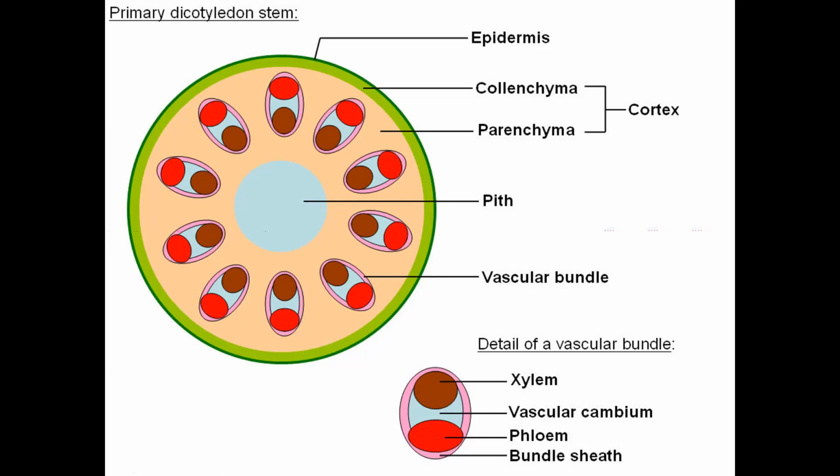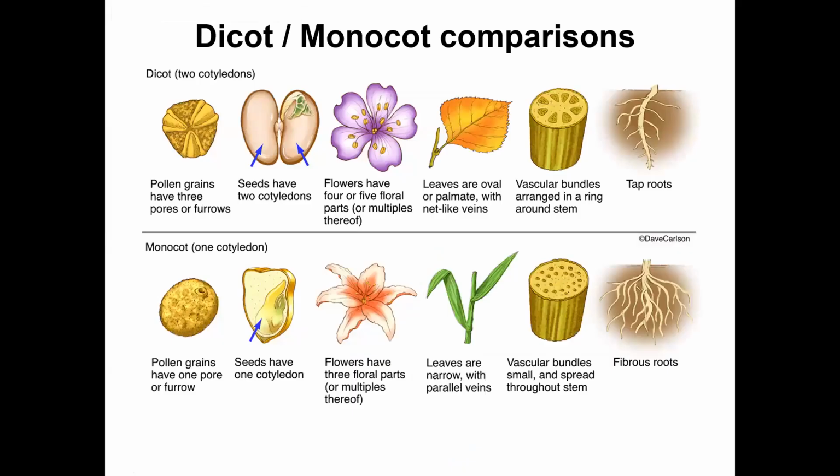And as the tree grows, these vascular bundles keep moving out towards the edge. So as the edge gets bigger, we move out, and then the rest of the tree is just pith. They're not necessarily living, but they're there. It's for support. I think that's all I need to tell you there.